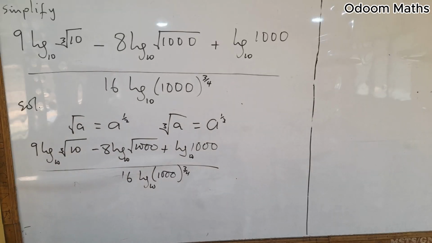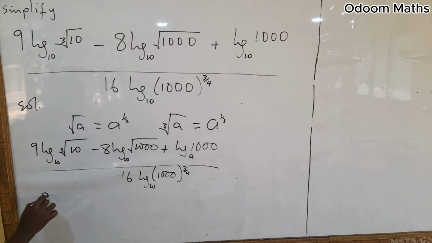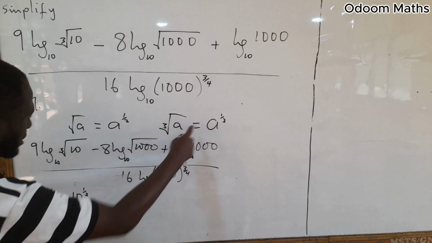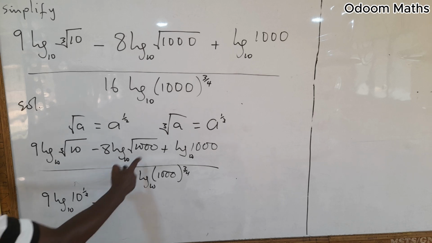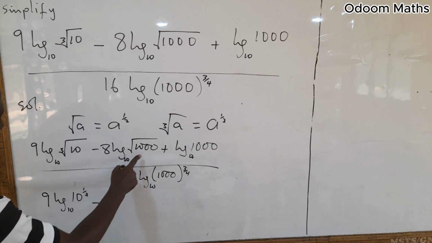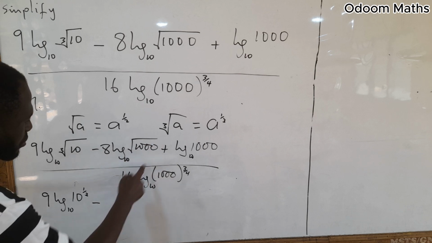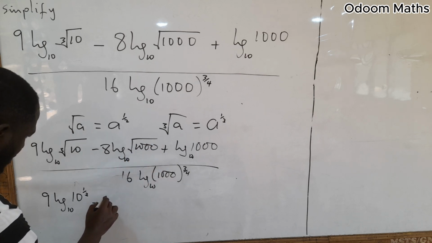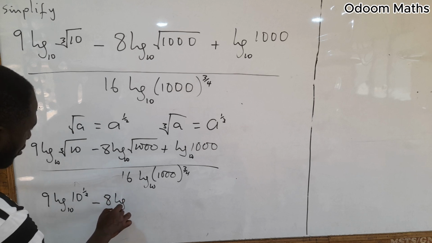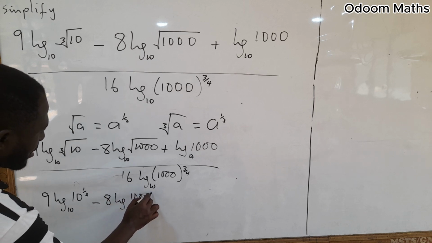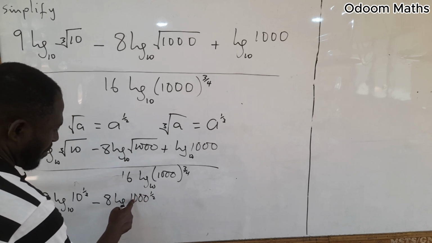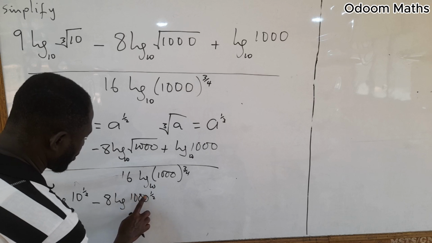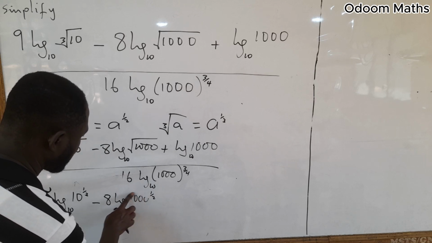So we can say that this is going to be 9 log 10 to the power 1/3, base 10, minus 8 log 1000 to the power 1/2. Okay, and we can even change this one to 10 to the power 3. So 1000 to the power 1/2 becomes 10 to the power 3/2.